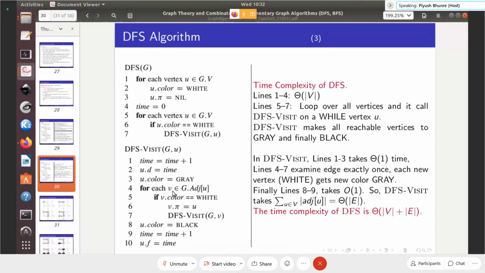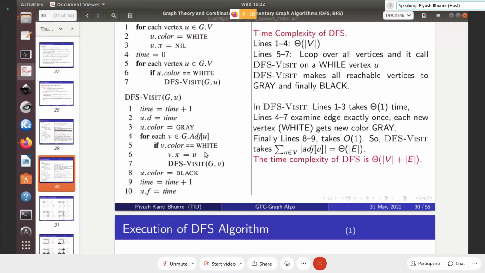And then for every adjacent vertex of u you are checking its color, and if it is white, you are updating its predecessor value, and also you are calling the function. So calling means it's a push operation. So you put the vertex into the stack. After line number 3, you push the vertex u.